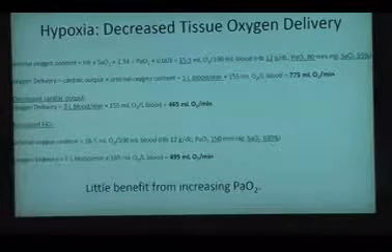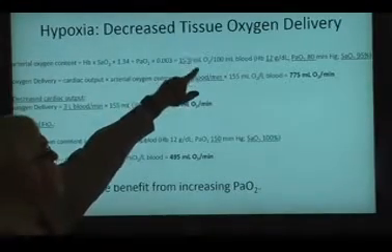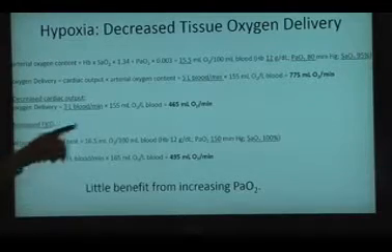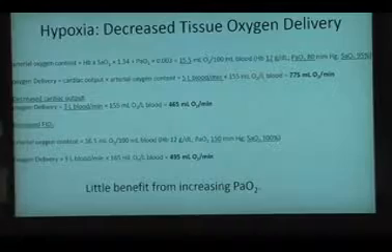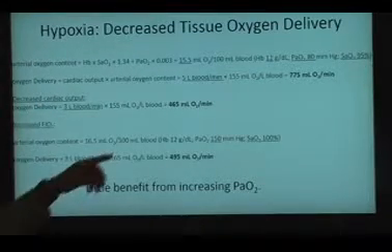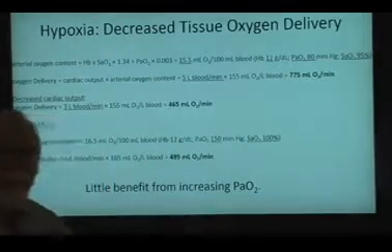So that results in an oxygen content of 15.5 milliliters of oxygen per 100 milliliters of blood. If the cardiac output is 5 liters per minute, then if I've done the math correctly, the oxygen delivery to the tissues is 775 milliliters of oxygen per minute.